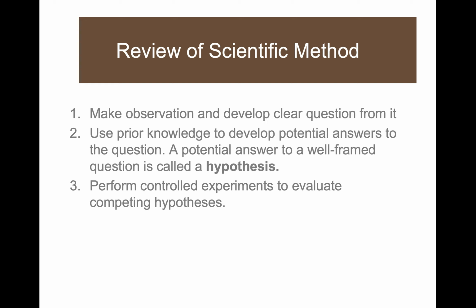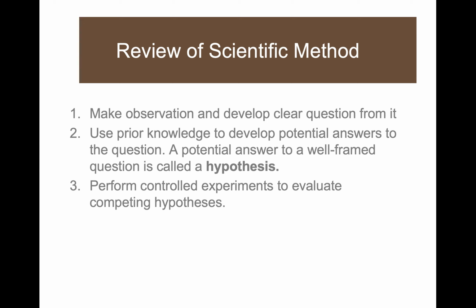Step three is to perform a controlled experiment to evaluate competing hypotheses. Now, other hypotheses that we may have tested other than the gas hypothesis would be, maybe there was something wrong with the starter. Maybe the battery was dead.